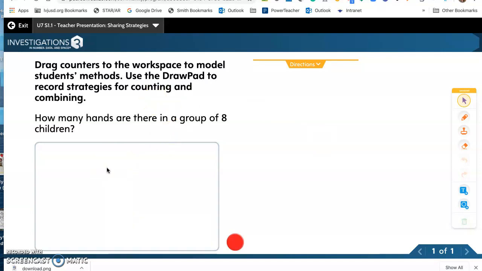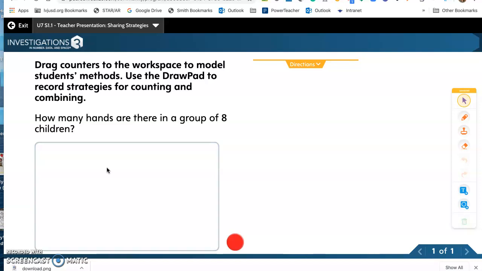So I need to think about what I know and what I'm trying to figure out. How many hands are there in a group of 8 children? So I know that each person has 2 hands. So this problem is going to require me to count by 2s or add things in groups of 2.